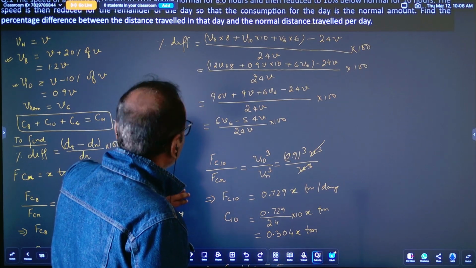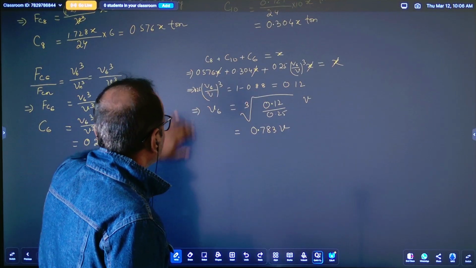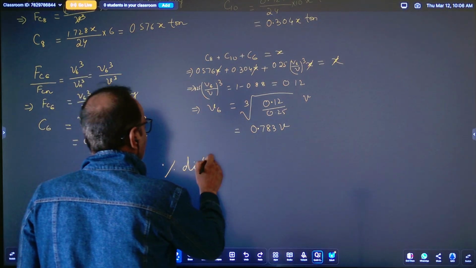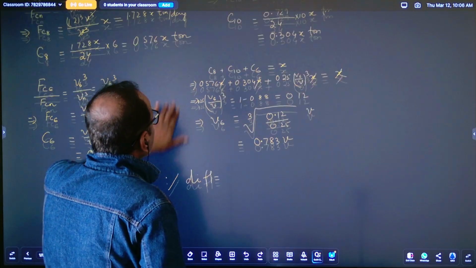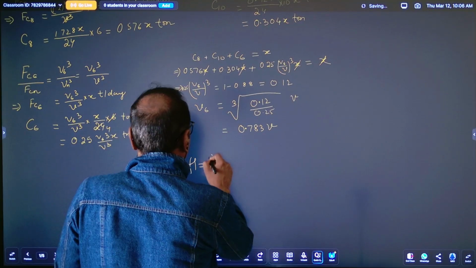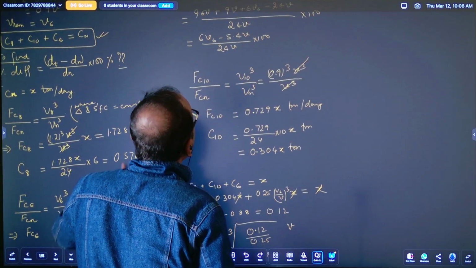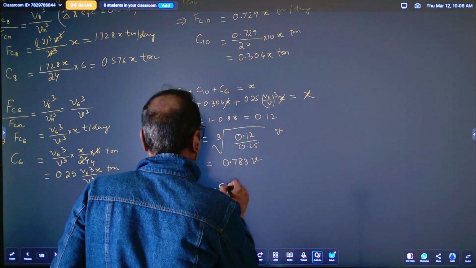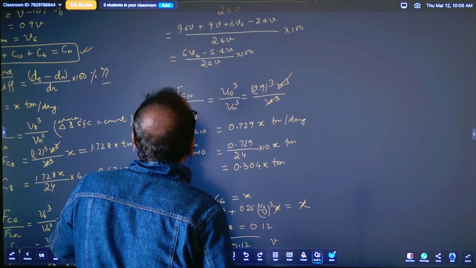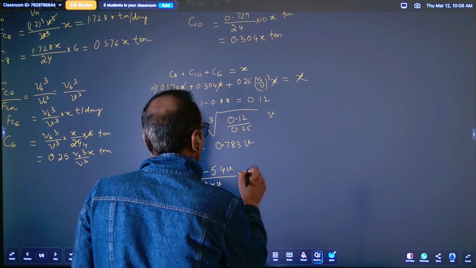So your percentage difference, use this equation now. Your percentage difference is 6V6 minus 5.4V divided by 24V into 100.